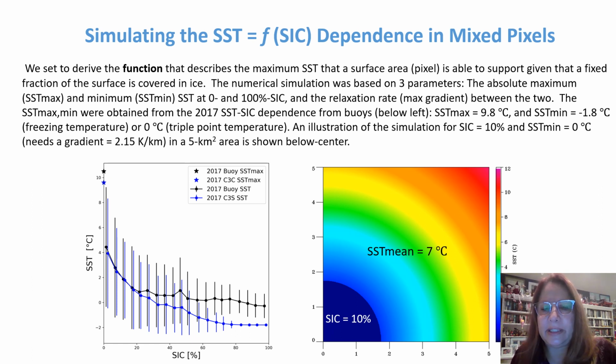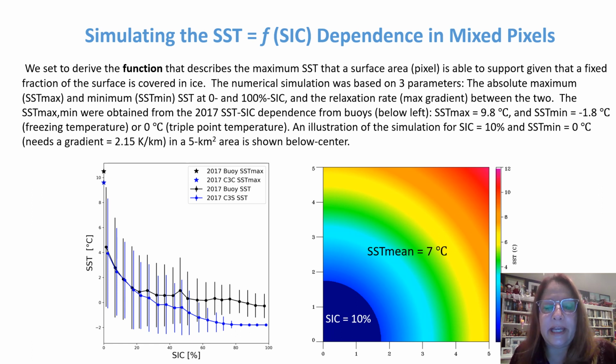We use the 2017 GTS buoys, and we derive the SST sea ice concentration dependence with all the summer buoys for 2017. Just for comparison, there's the CCI SST for 2017 corresponding to the buoy data matchups. An interesting result that we see here is that during the Arctic summer, an SST of 0 degrees Celsius is more representative of the consolidated ice than the minus 1.8, or freezing temperature, that is usually used.